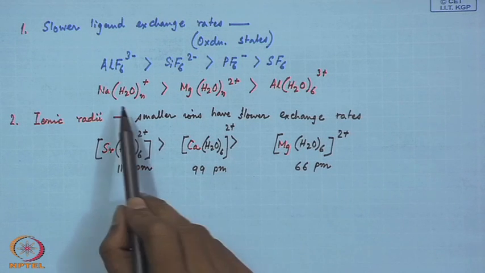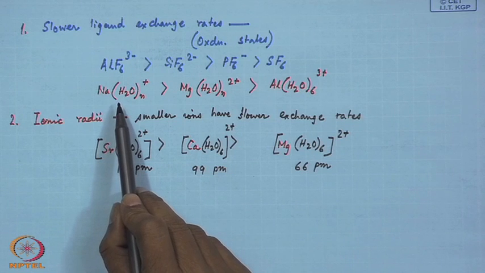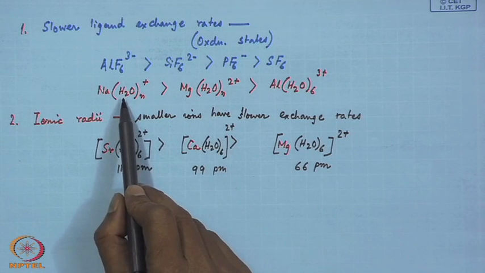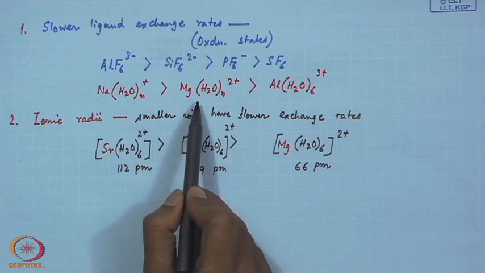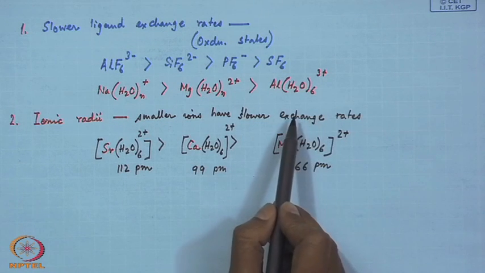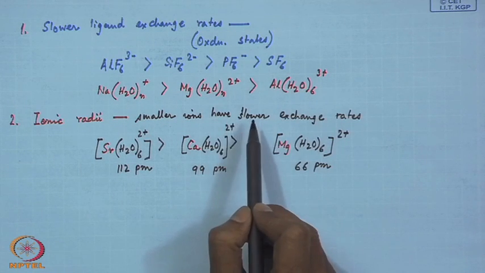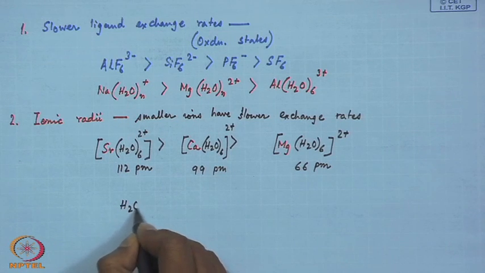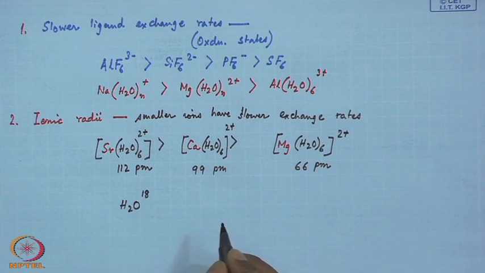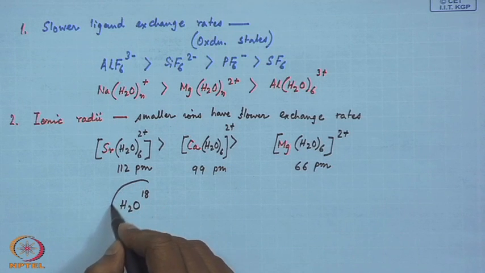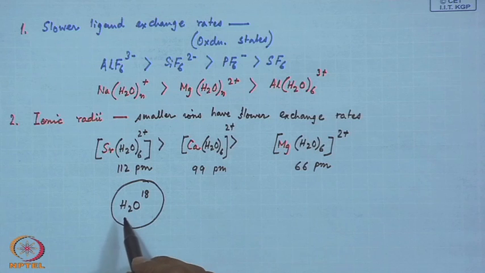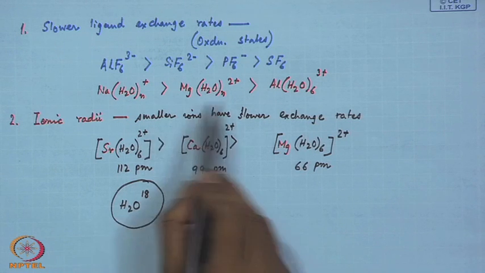If we consider the water exchange rate, we can consider the water molecules which are bound to the metal ion against the bulk water molecules surrounding the system. Sometimes this H2O can be labeled with O18, and we can do experiments to see how this labeled water exchanges with these metal ions.